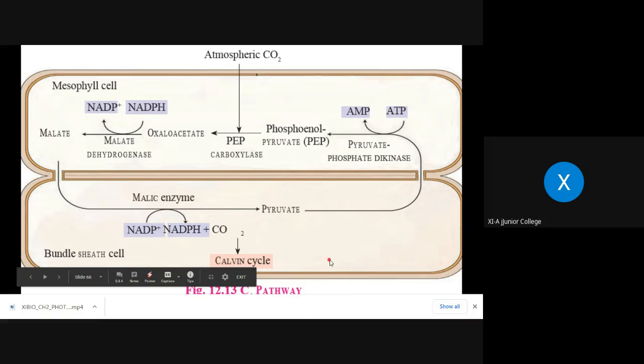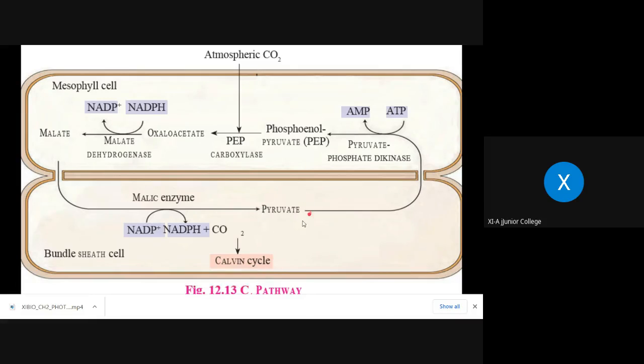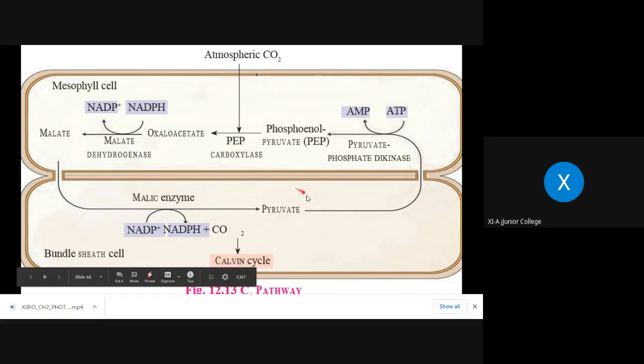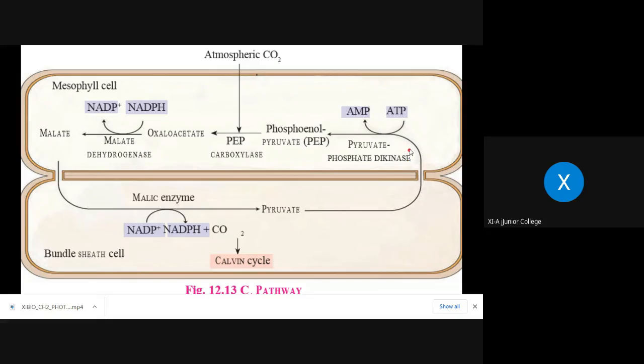Then pyruvate enters the mesophyll cells again and gets converted into PEP using ATP, with AMP produced. So PEP is produced, and that is the first CO2 acceptor in the C4 pathway in the mesophyll cells. So this is all about the C3 and C4 pathways we have discussed.